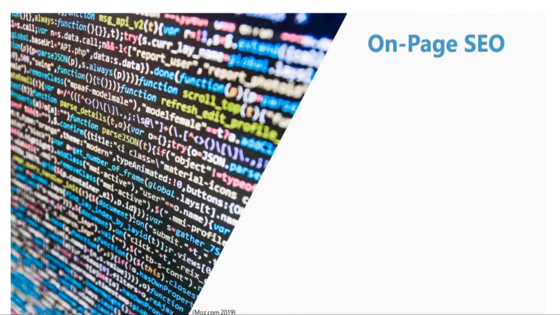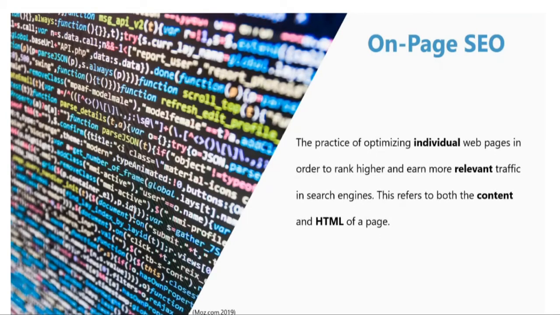So first we have on-page SEO, and on-page SEO is the practice of optimizing individual web pages in order to rank higher and earn more relevant traffic in search engines. So not only Google, but Google is one of the biggest.